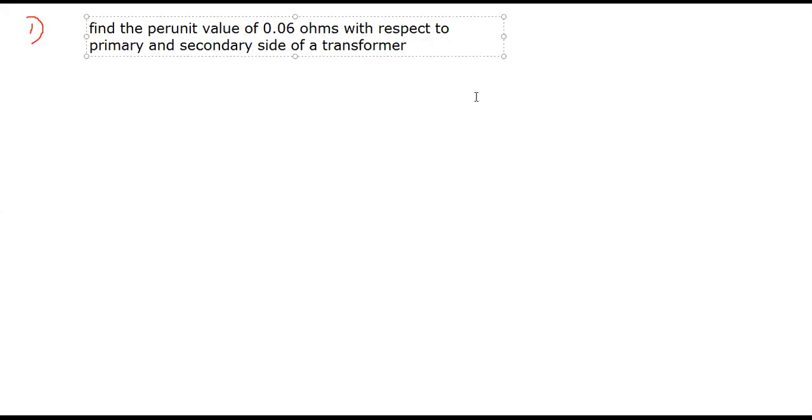One important point in per unit representations is that whenever values are expressed in terms of ohms or kVA, just by seeing the units you can say those values are actual values of the circuit. Those are not per unit.